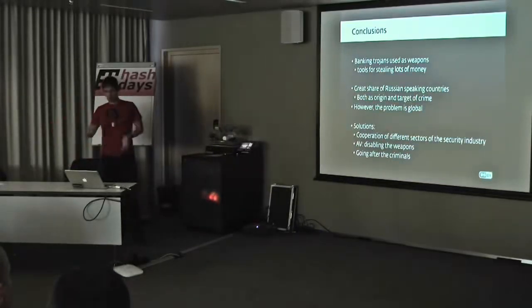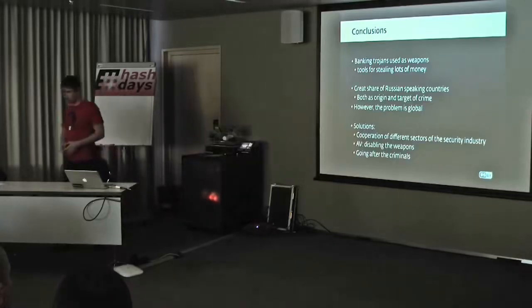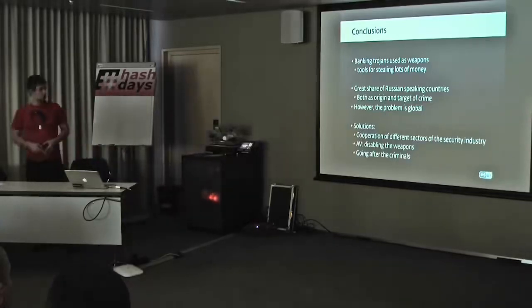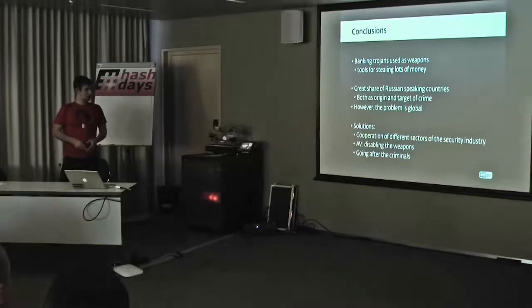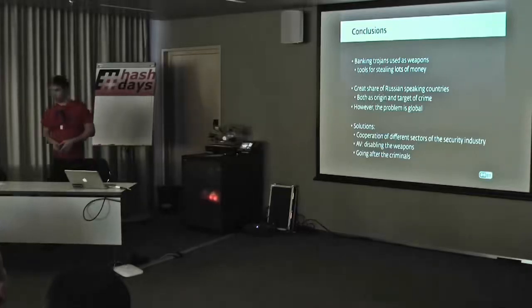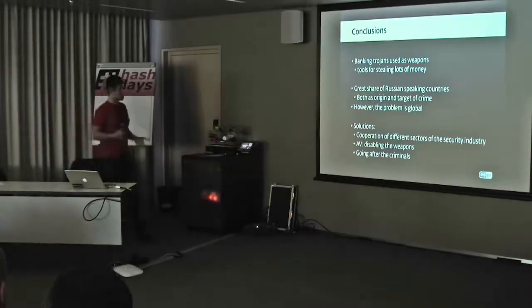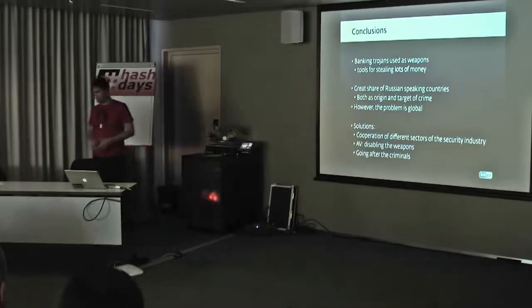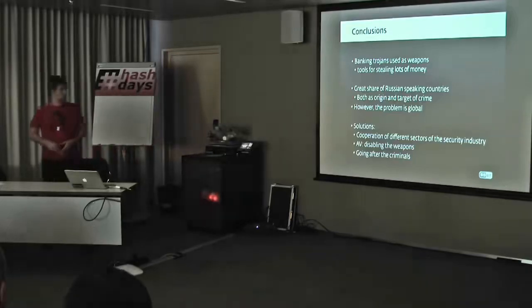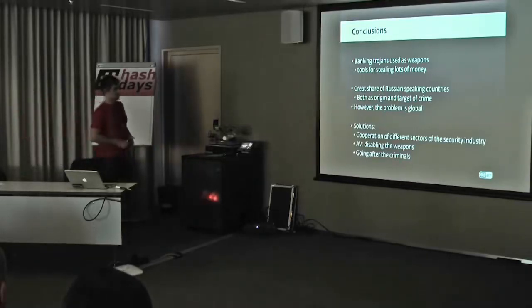So to finish off my presentation, as I said, these banking Trojans are used as weapons, and they're targeting victims globally, but the share of Russian-speaking countries is quite remarkable, and these countries are both the origin of these Trojans as well as the targets of the criminals. And to say that the solution would be cooperation is probably a cliche, but it's not only necessary to communicate between peers in the industry.